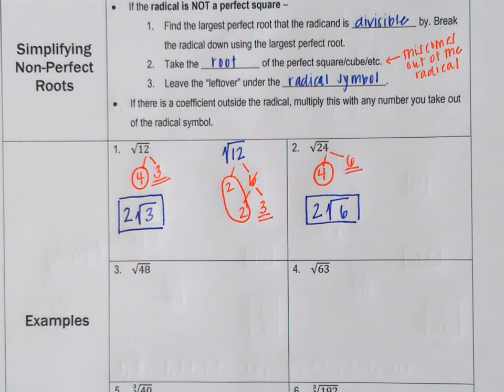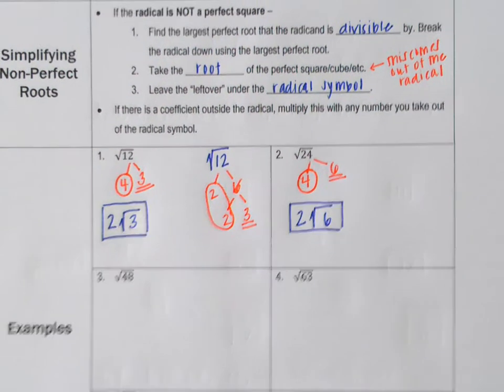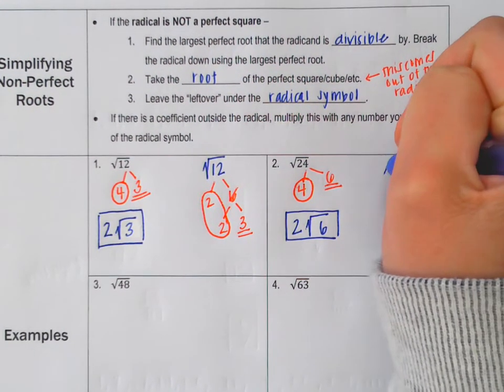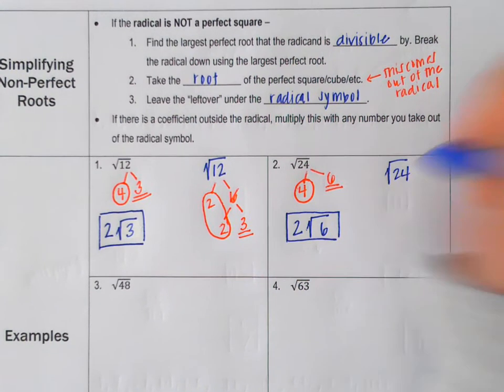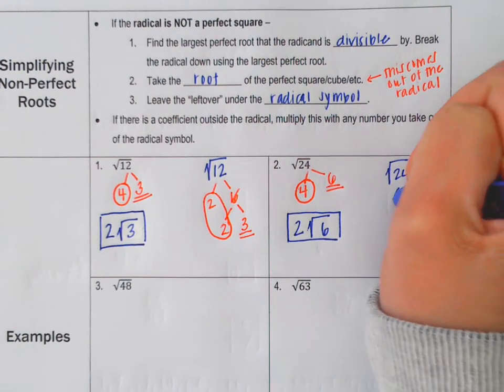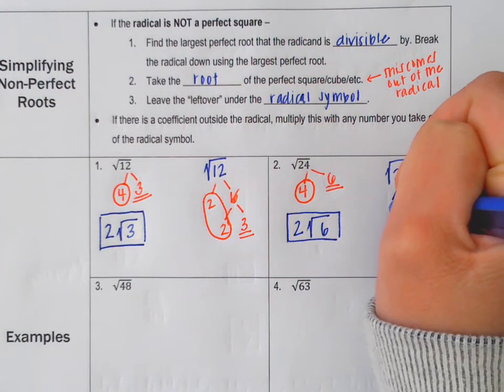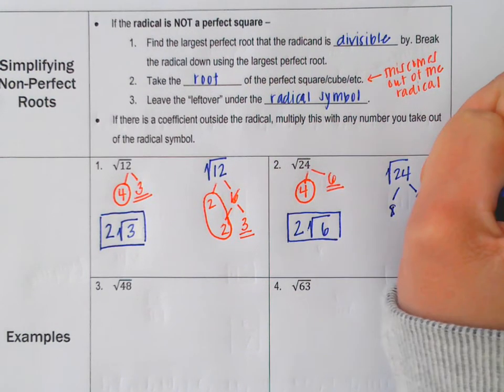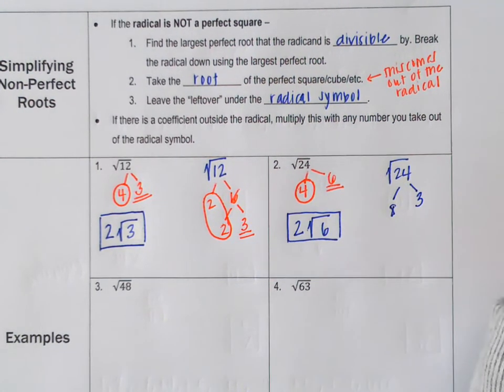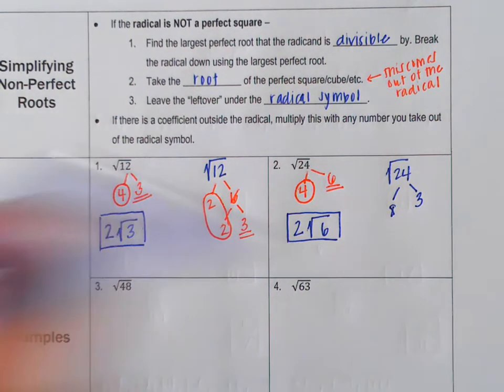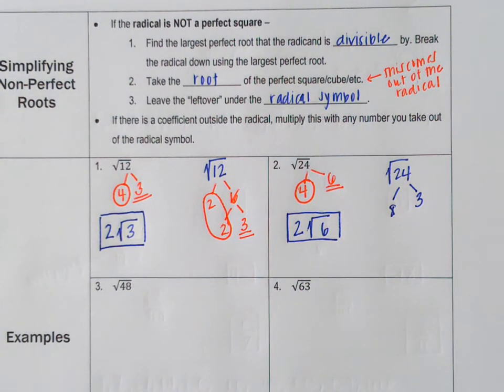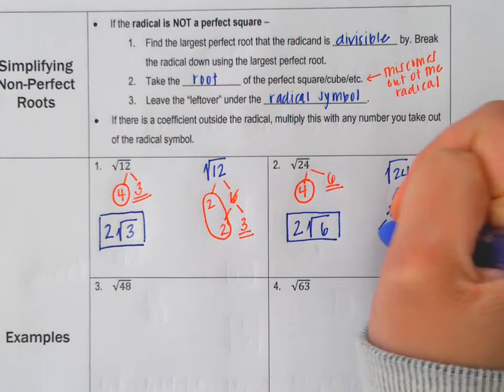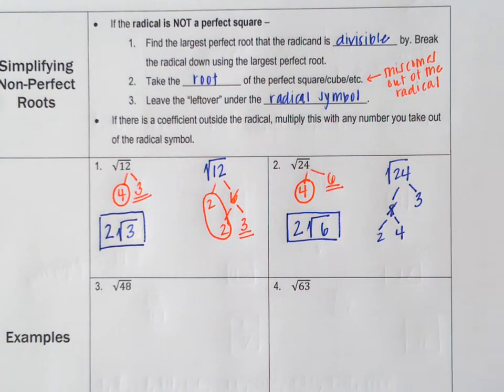Okay, so if we were to do that again, showing that different method with the square root of 24, I know 24, let's say, is going to be 8 times 3. Can I break up 8 further? I can. So 8, I can cross that out, and that's 2 times 4.